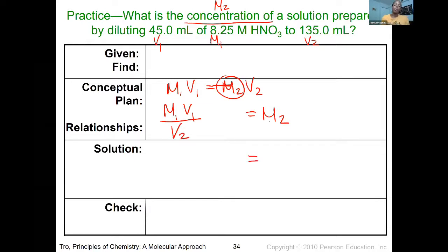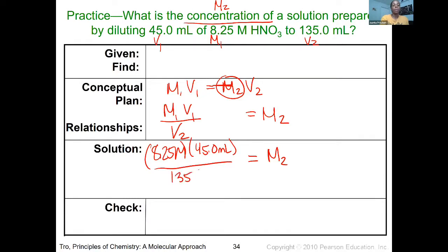Since we know we're diluting this, you should already be anticipating that whatever we solve for should come out less than the 8.25 molar. So M2 equals 8.25 times the V1 of 45.0 milliliters divided by V2, which is 135 milliliters.